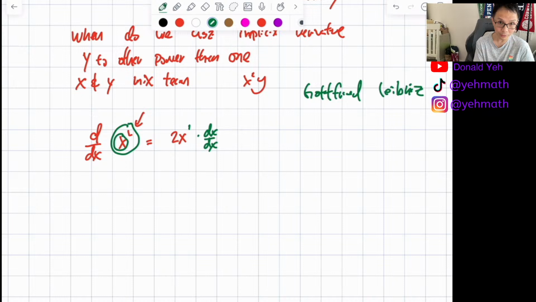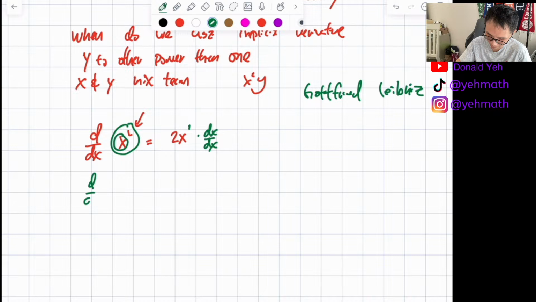Now, how do I take a derivative of something like y to the cube? Remember, when you have something like y to the cube, it's going to be implicit derivative for sure, because that y to the cube is y to other power than 1, right? So it's y to the third power. How do I take a derivative of this? This is the same as taking the derivative of x squared, but instead it's going to be 3y squared, like the normal power rule.